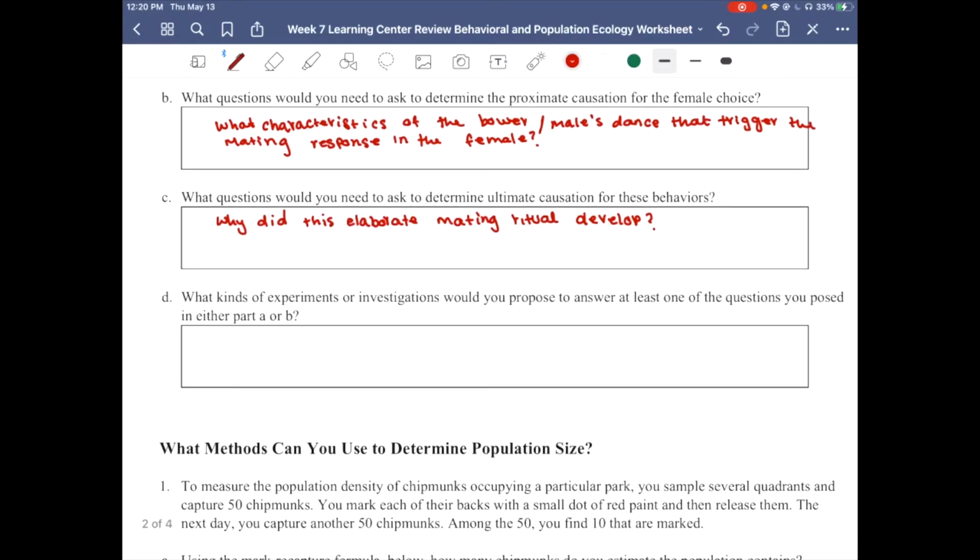All right, and then similarly for the last question, what kind of experiment could we do to get an answer to some of that question? So if we're looking at what characteristic of the environment triggers the male burrowers to build, well, we can't study them in captivity because we know they don't exhibit that behavior.